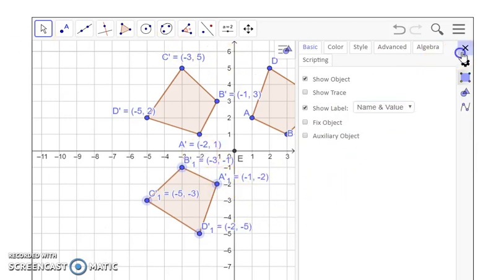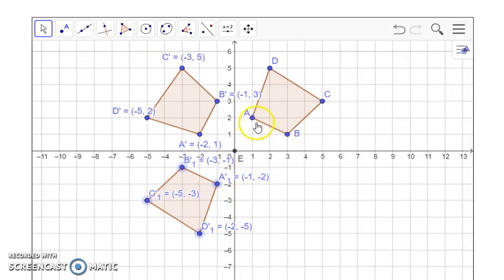Now when I look at the values, I can say, oh, this was 1, 2, this is negative 1, negative 2. D was 2, 5, here D prime is negative 2, negative 5. C was 5, 3, C prime is negative 5, negative 3. B was 3, 1, here B prime is negative 3, negative 1.